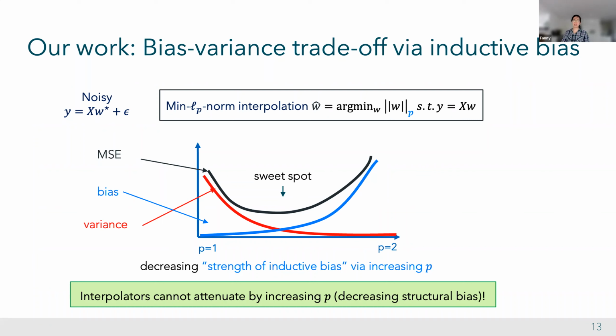And so now for the rest of the talk, we just want to see how well can we actually do for P equal to 1, P equal to 2 we already know, but I will recap that in a second. And then see, okay, how good is the sweet spot here? So how well can we generalize compared to, for example, the minimax optimal rate of the lasso, with interpolators with P between 1 and 2. So this is the agenda for the rest of the talk.